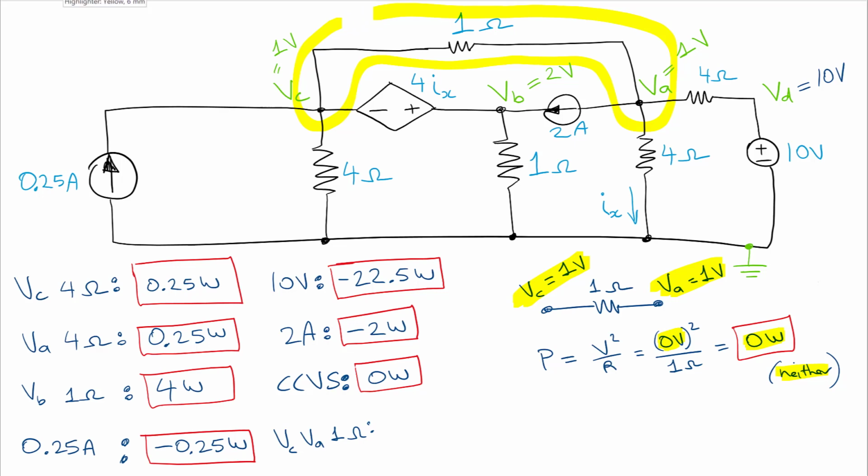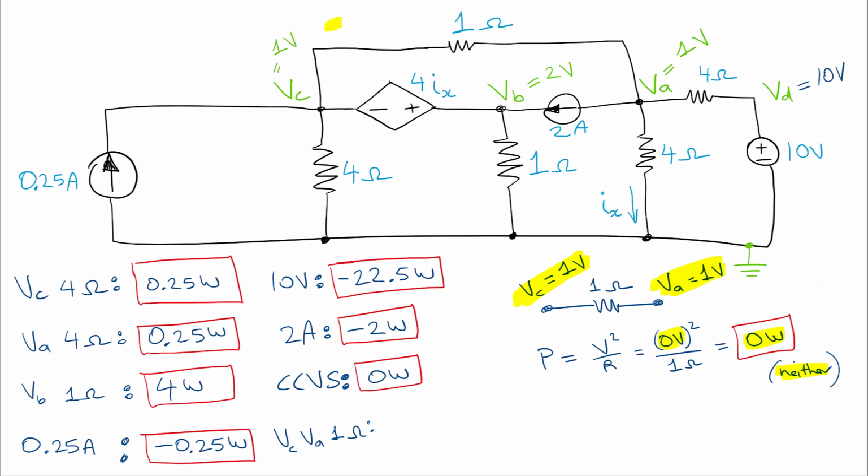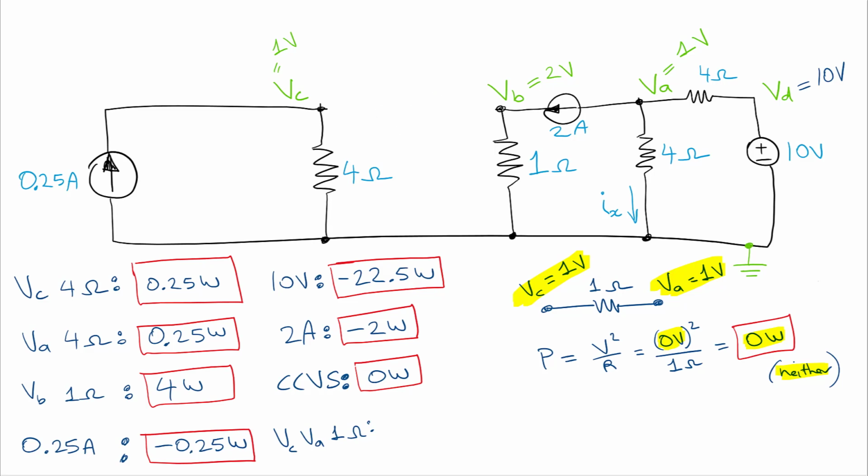So if we wanted to, we could redraw this circuit, and let me just show you. We can take out this and this out of the circuit, and our node voltages would not change at all. Okay, so that's really what this circuit is looking like.